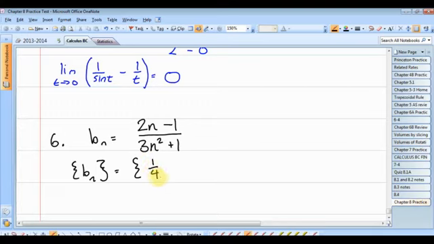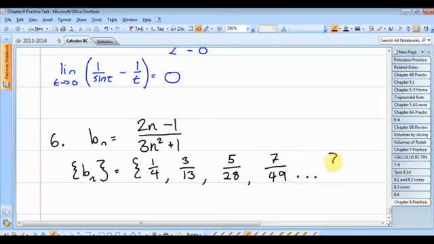Good. Let's plug in 2. What do we get? 3 over 13. Let's plug in 3. 5 over 28. Let's plug in 4. 7 over 49.